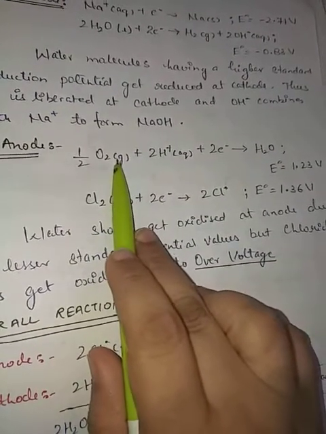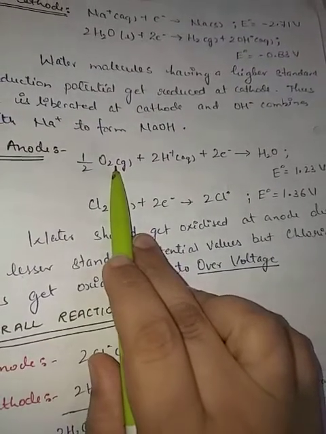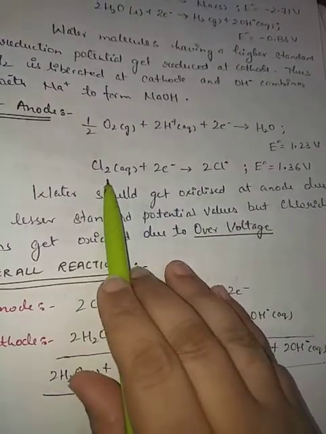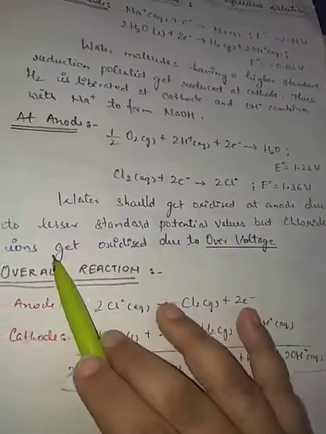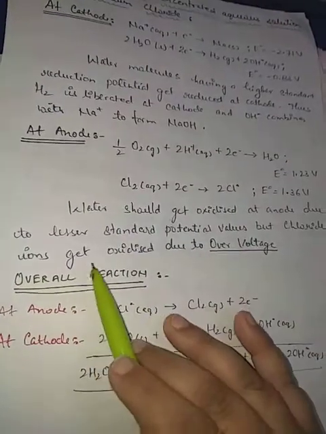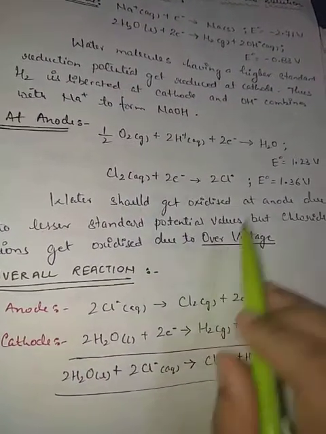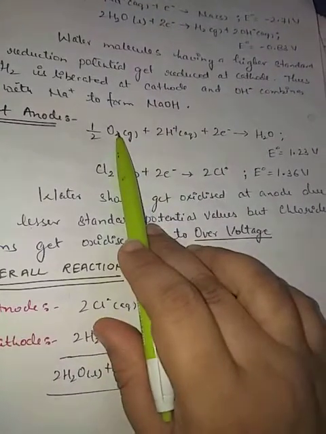Actually, water has to be collected, but due to the overvoltage, the unexpected result, the chloride ions get oxidized at the anode. Water should get oxidized at the anode due to the lesser standard potential value, but chloride ions get oxidized due to overvoltage. It requires 0.25 extra other than this 1.23.